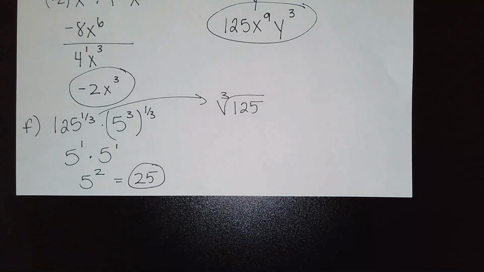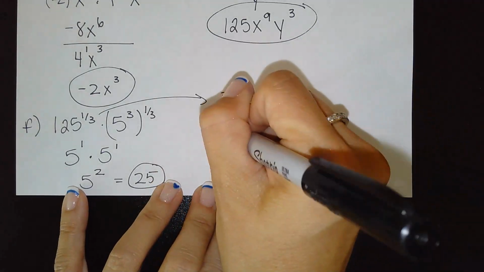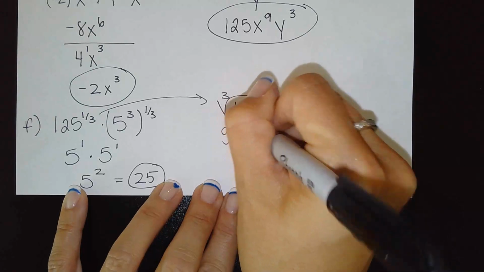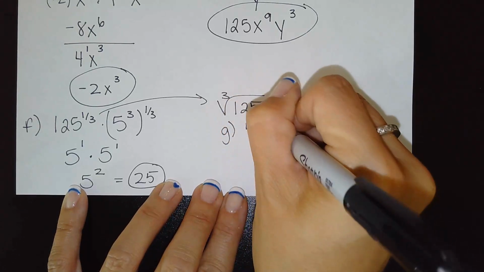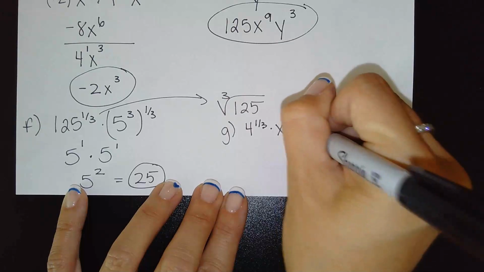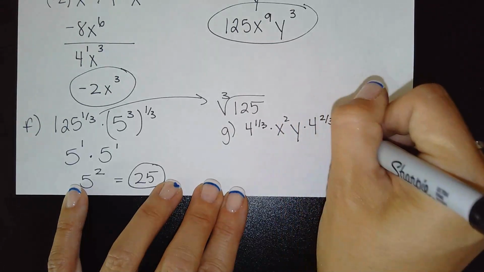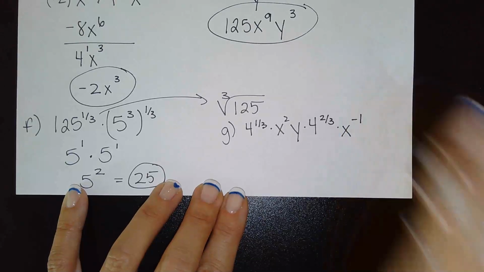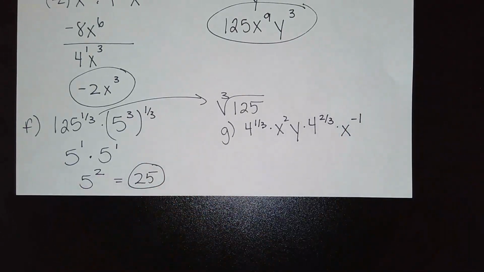There are some basic rules you need to know. Just keep applying them. You're going to try this one individually. So 4 to the 1/3 times x squared y times 4 to the 2/3 times x to the negative first. Notice I have some things that have dots between them. Those are just products, right? I could write these all side by side.